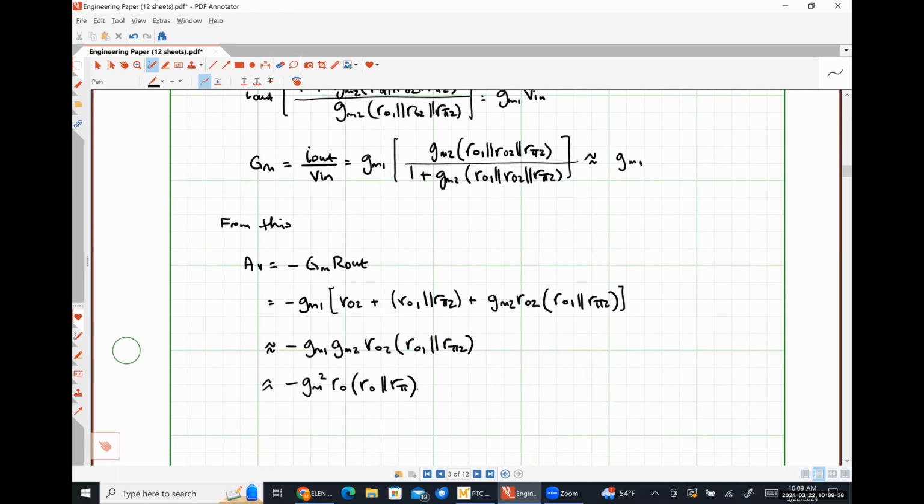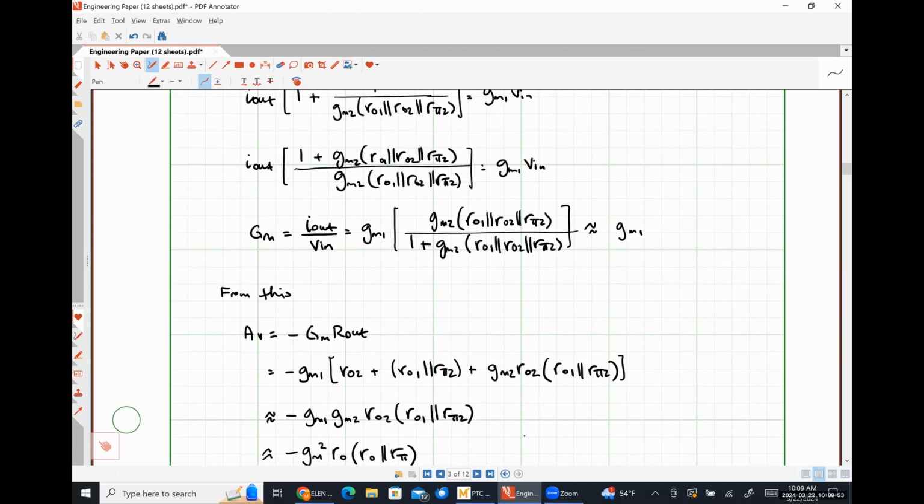So compared to a common emitter amplifier, our input resistance is the same, right? Our output resistance is significantly larger because this thing right here is inherently significantly larger than ro1 would ever be. Our voltage gain is also significantly higher.